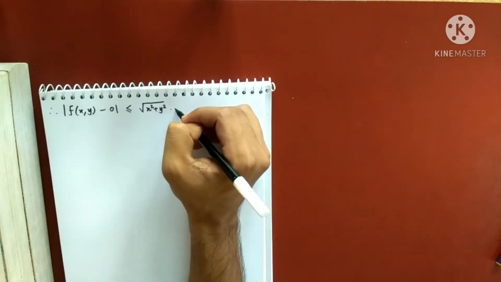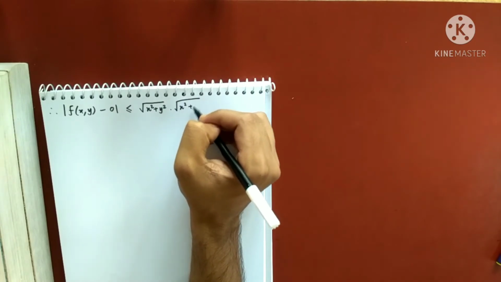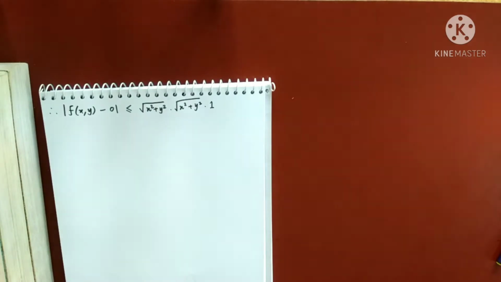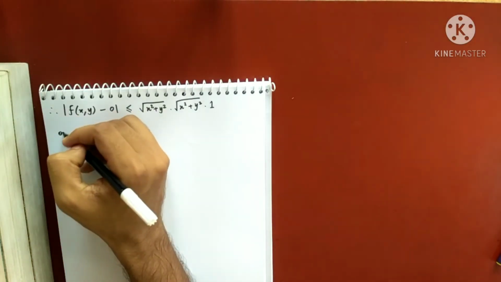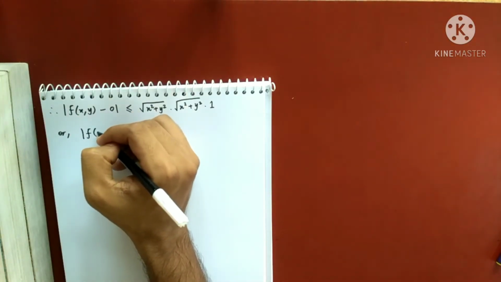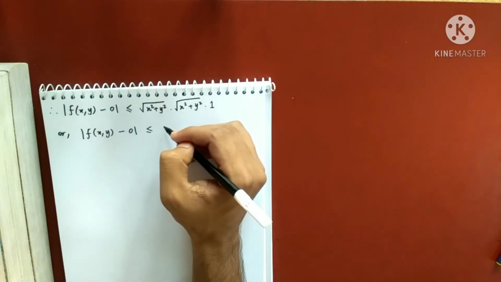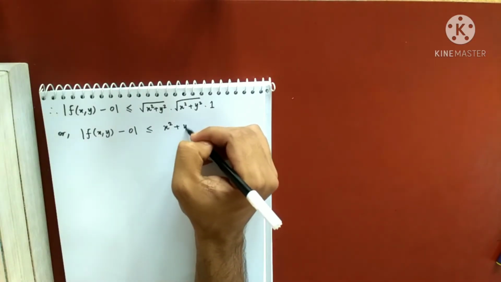This is for mod x, this is for mod y, and for the mod of (x² − y²)/(x² + y²), that will be 1. So modulus of f(x,y) − 0 is less than or equal to x² + y².